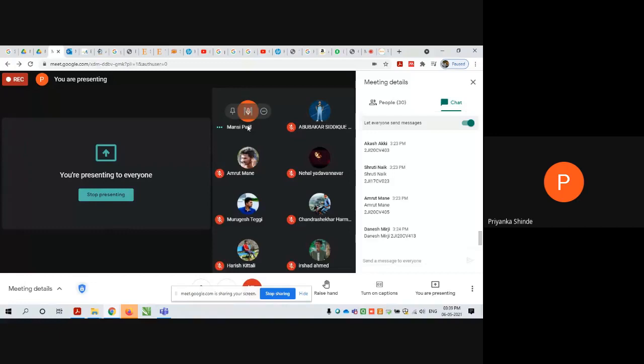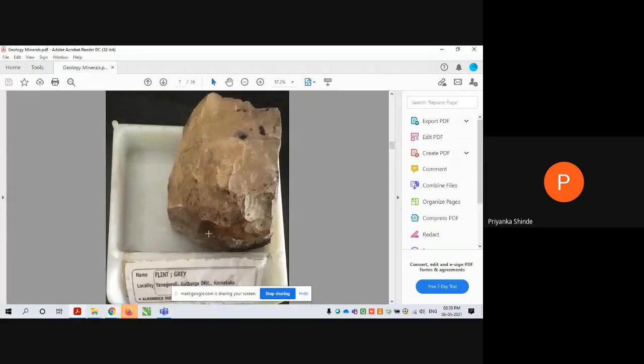If the mineral breaks easily when you apply pressure, what type of tenacity does it show? Brittle. Yes, it is called brittle tenacity. Brittle means breaking into pieces. So if you apply pressure on it, if you try to break it, it will break into pieces. So we have to write it as brittle.